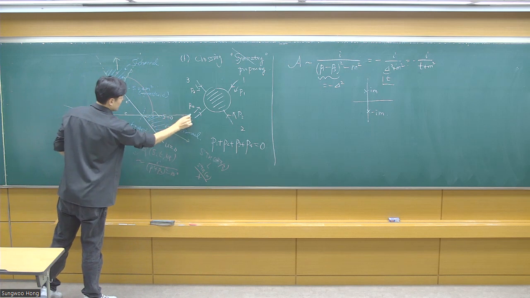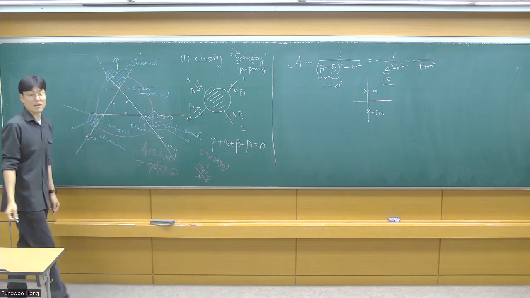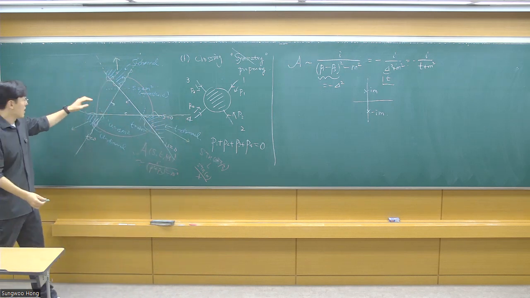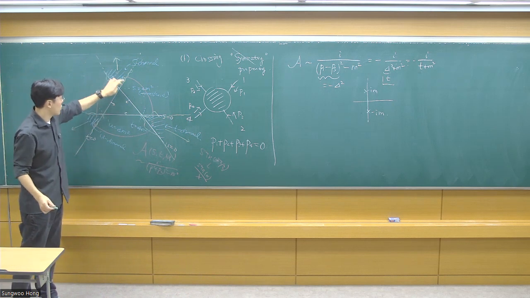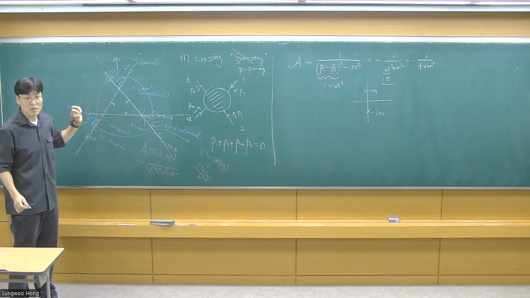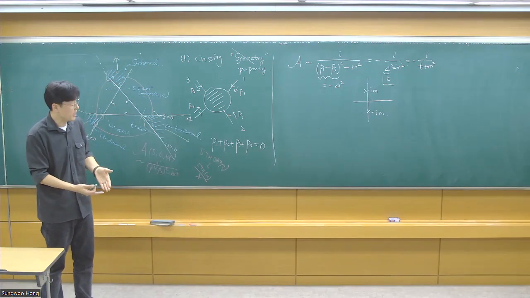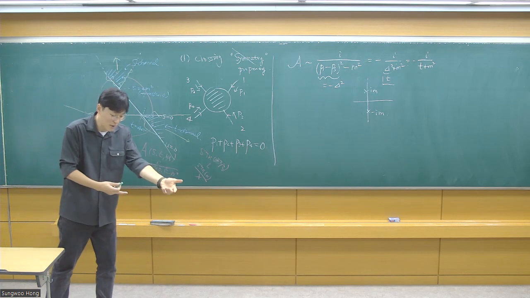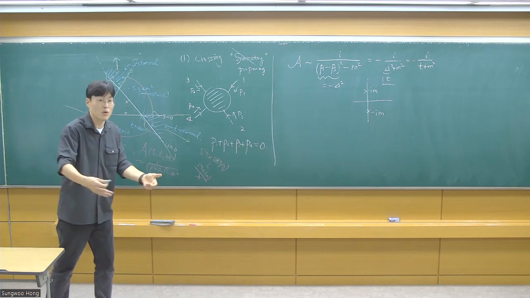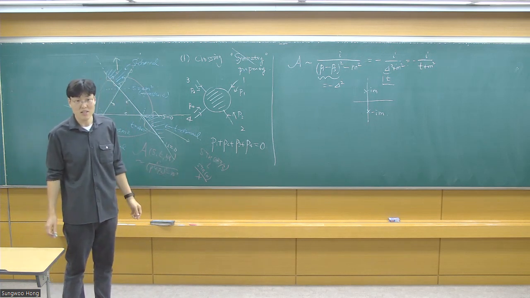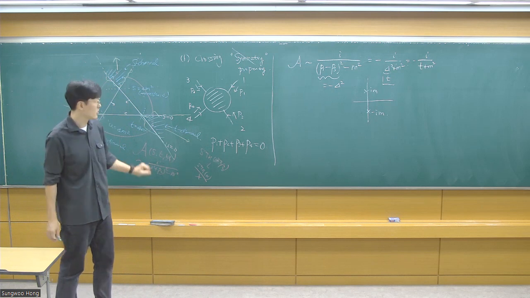So the point is that no matter what you do, this physical region will never overlap. Because if you have some process, there's no sense in which you can say this is actually either 1 + 2 going to something and simultaneously 1 + 3 going to something. Such a thing doesn't exist in the physical world. Okay, so that's one big point.